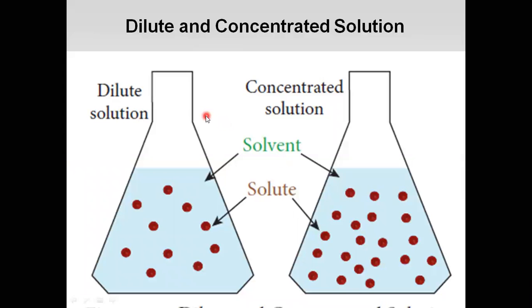This is the example for concentrated and dilute solutions. So this is the dilute solution. The solute is lesser than in the other one, but the solvent is the same. This is the concentrated solution. The solute is higher than in the dilute solution.